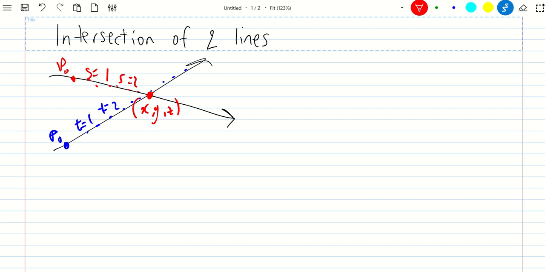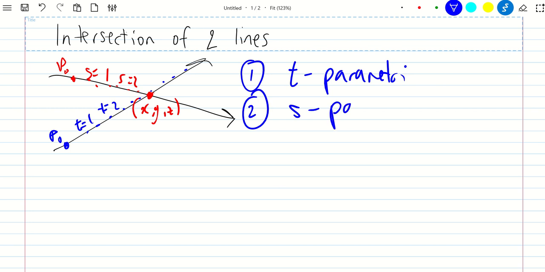And so what we do is we rewrite both equations. So if you're trying to find the intersection, firstly, write one line in t parametric. Write the second one in s parametric. Okay, so you have one in s and one in t.